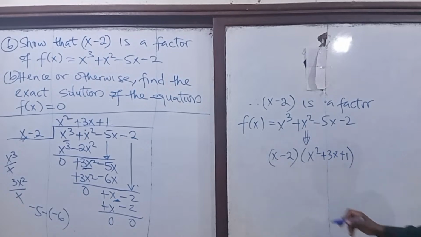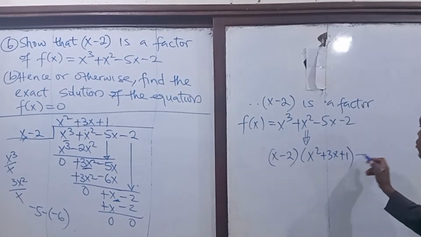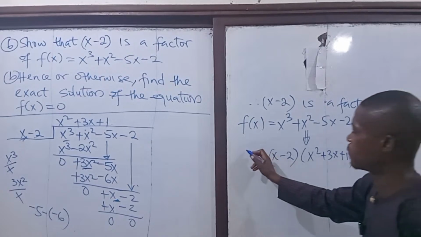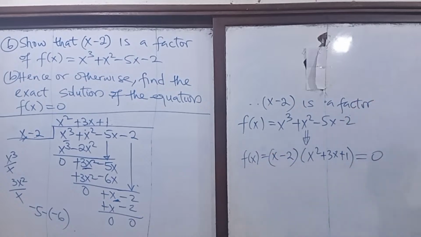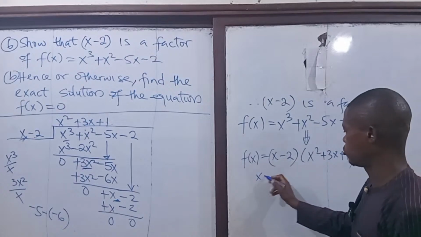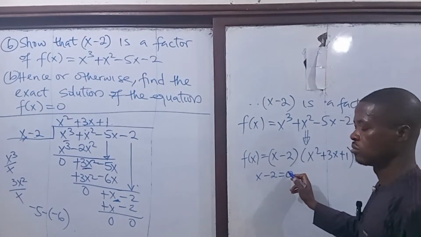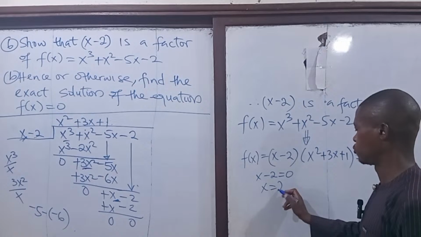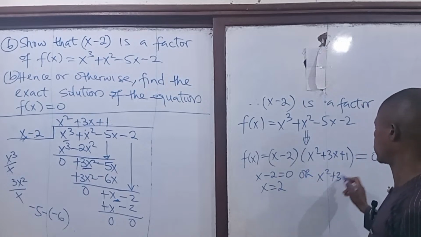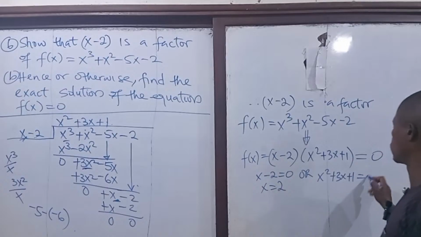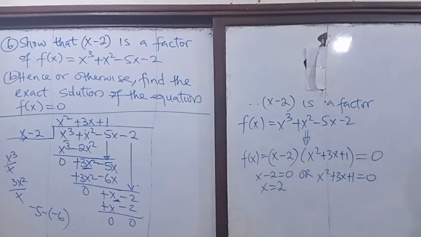And then we are told that f of x is equal to 0. So this implies x minus 2 is equal to 0, and x is equal to 2, or x squared plus 3x plus 1 is equal to 0. So that's what we have in that case.